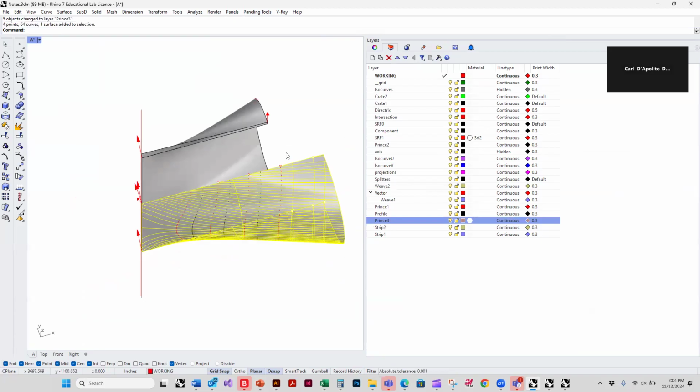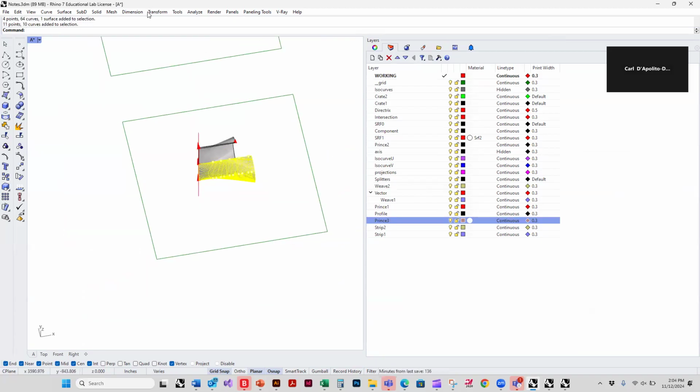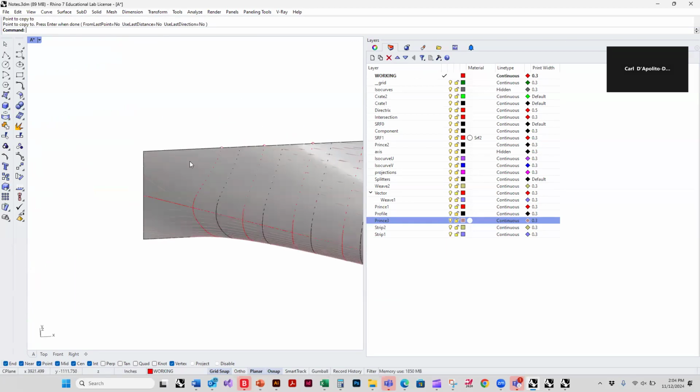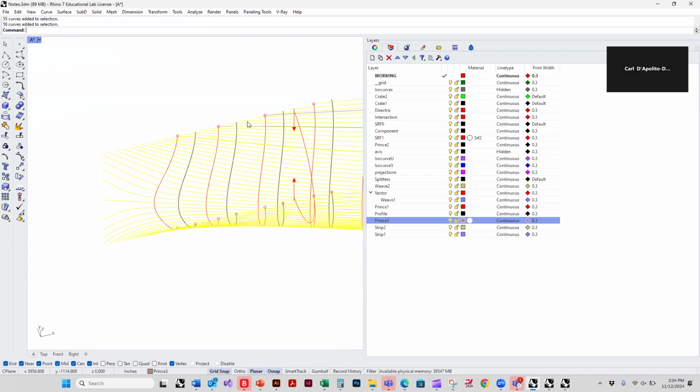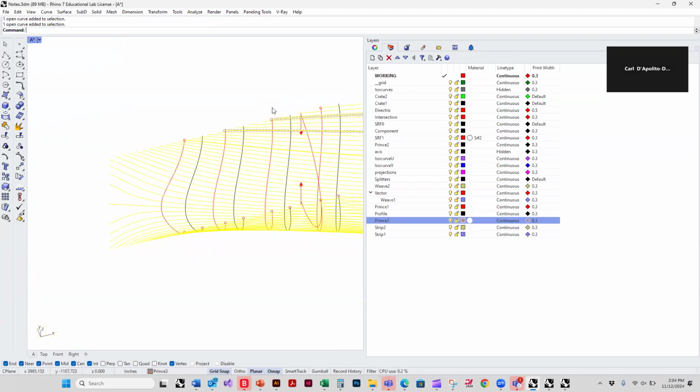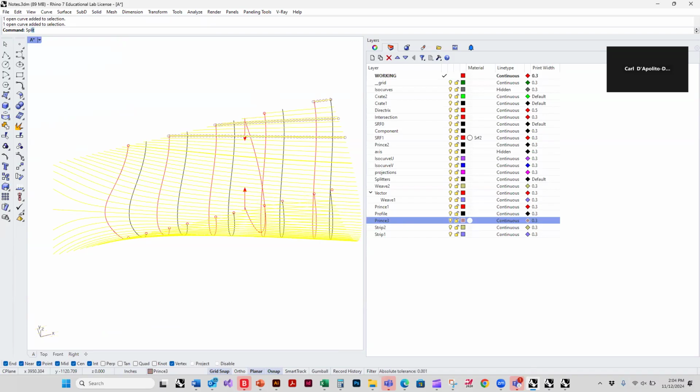And I can take this whole group of stuff, copy it over. And then here, I can take all these curves and split them with this line and that line.